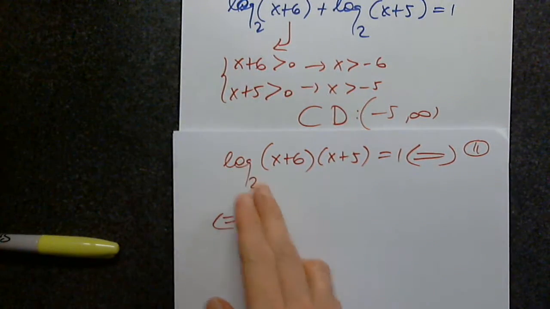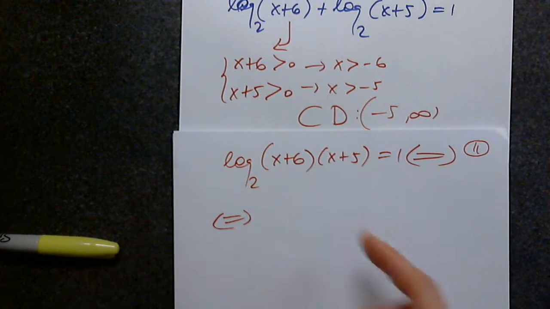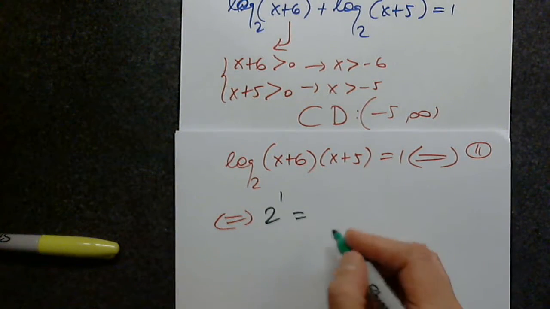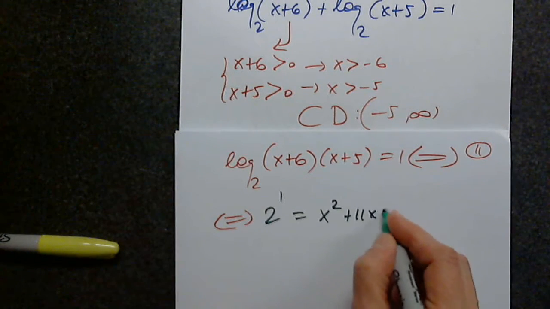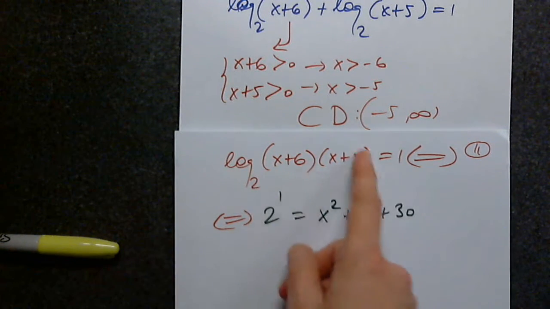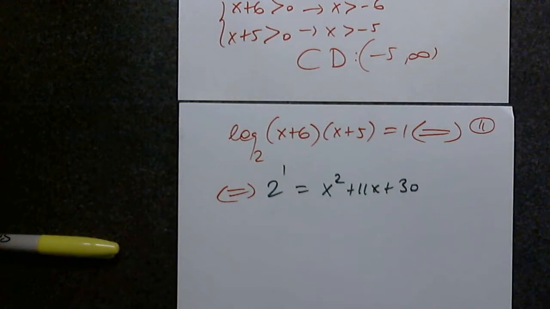From the base, counterclockwise. 2 raised to the first power equals this. And I multiply it now. 2 raised to this power equals this number. This is the most important concept in this chapter, chapter 4. Changing a log equation to an exponential one and vice versa.